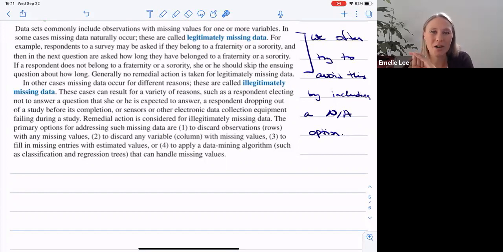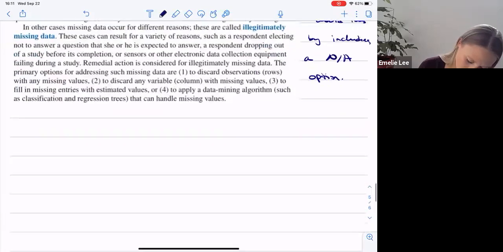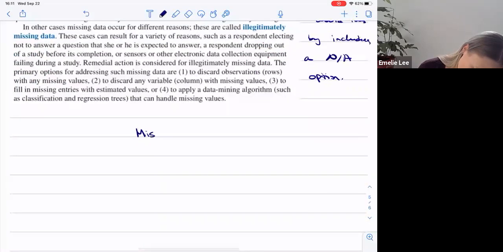Or missing not at random would be, I don't feel comfortable giving you the amount of time that I have been in the sorority. Right, seems like a weird example, but there's more examples in that huge blurb that I gave you, right? But in terms of illegitimately missing data, so let's do a little tree here.